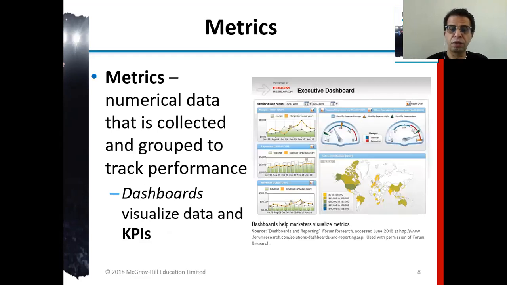So what you have is something called metrics. Metrics is numerical data that is collected and grouped to track performance. It's looked at on a dashboard, as you see here, and the dashboard visualizes the data and the KPIs, which are key performance indicators, showing whether we have reached the goal or are halfway to the goal.